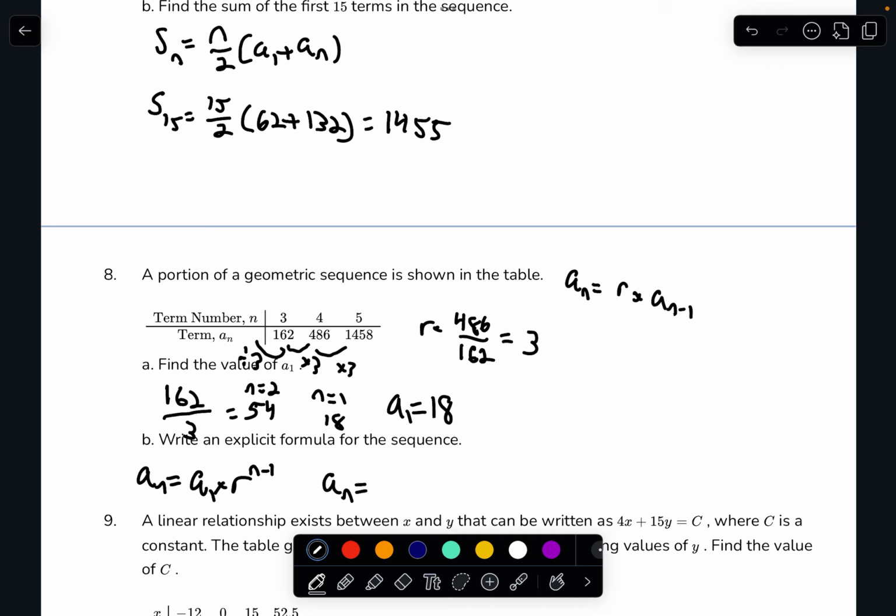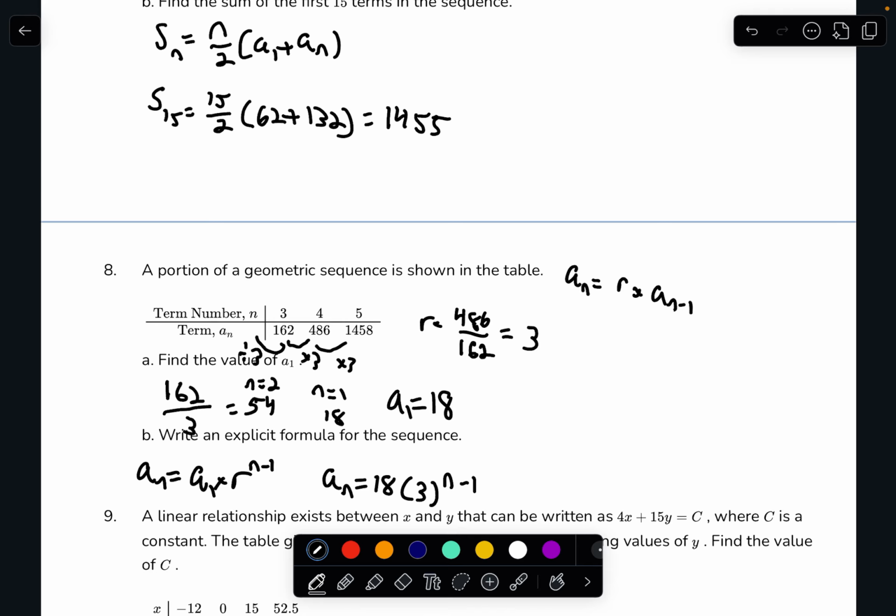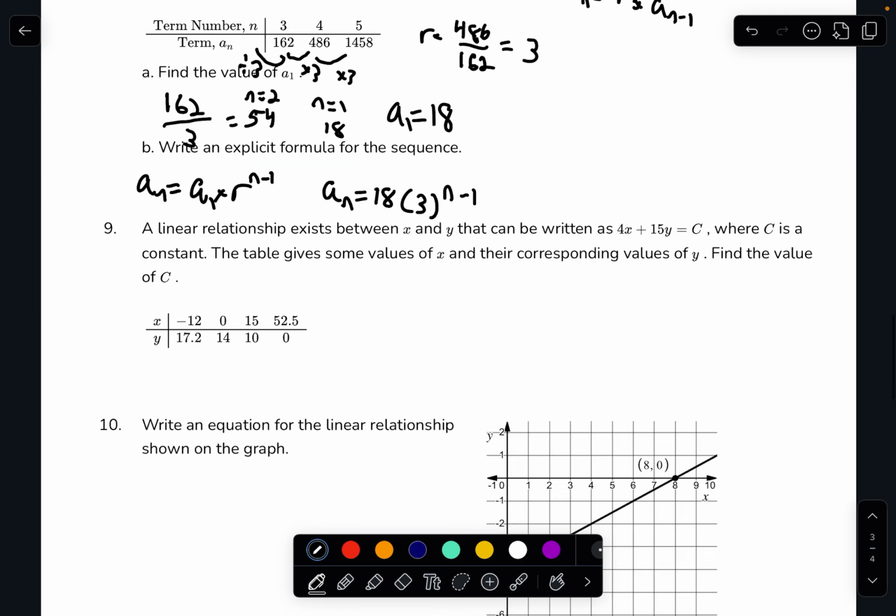So it will be 18 times the r, which is 3, to the n minus 1 power. Think about it. When n equals 1, you have 3 to the 0, which is 1, and 1 times 18 is 18, so it matches the first term. And if you plug in n equals 3, 18 times 9 works out to be 162. You could check the rest of them, but that's how you do it. It's not challenging, and again, these formulas are given to you.